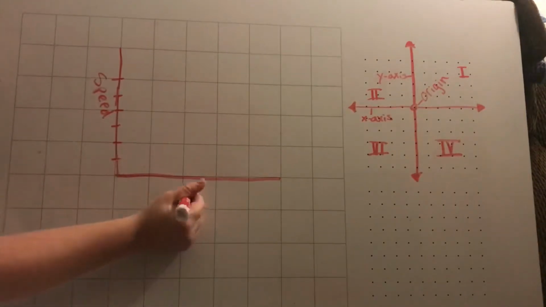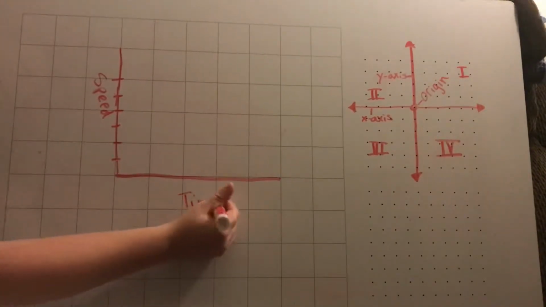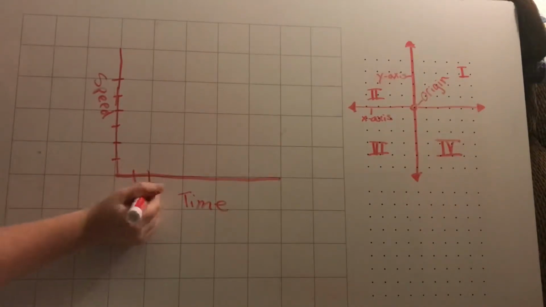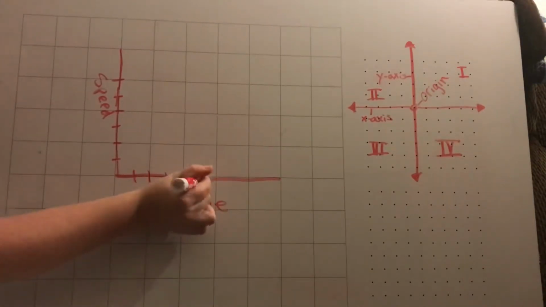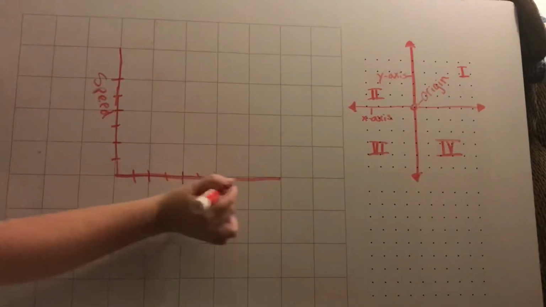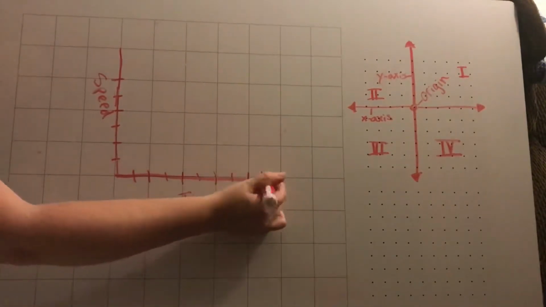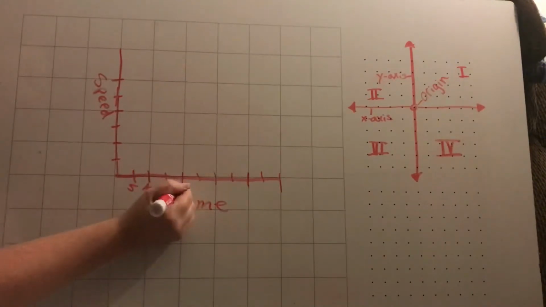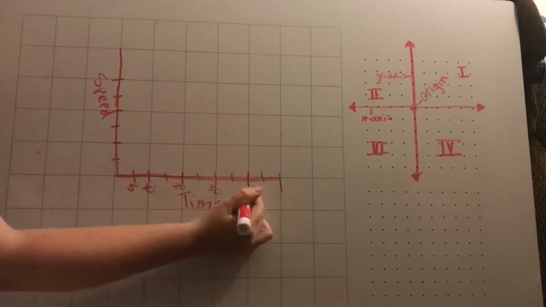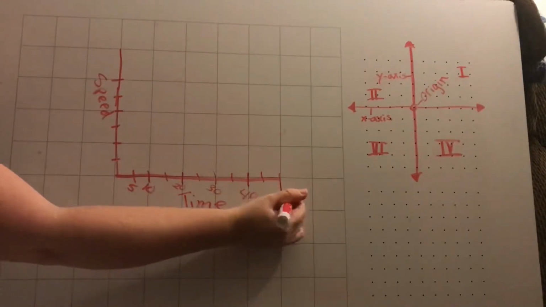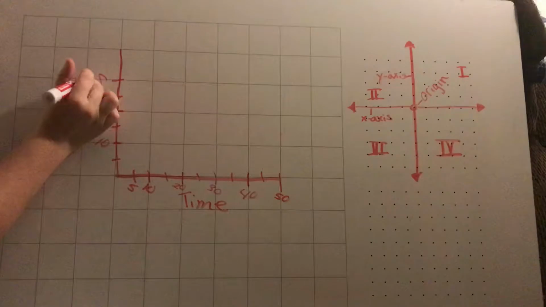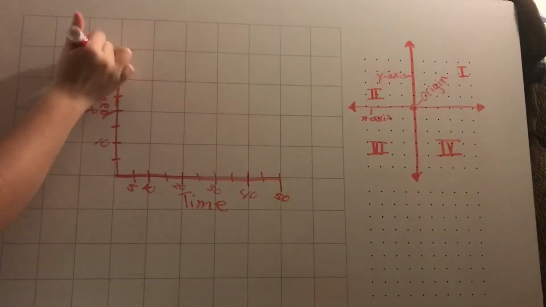And then over here, we have time. And we'll do the same. 5, 10, 15, 20, 25, 30, 35, 40, 45, 50. So 5, 10, 20, 30, 40, 50.